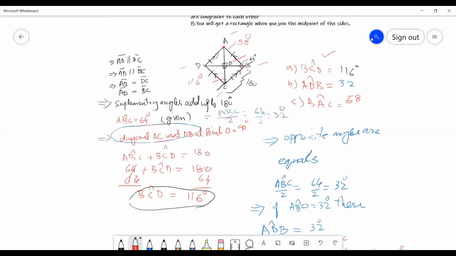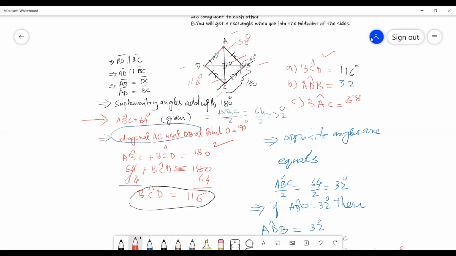First of all, we have to calculate BCD. Angle ABC plus angle BCD, because these two are adjacent angles, add up to 180. Angle ABC is given in the question as 64, and we have to calculate BCD. So 64 plus BCD is equal to 180.